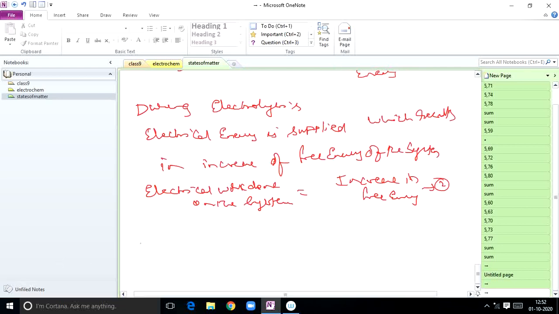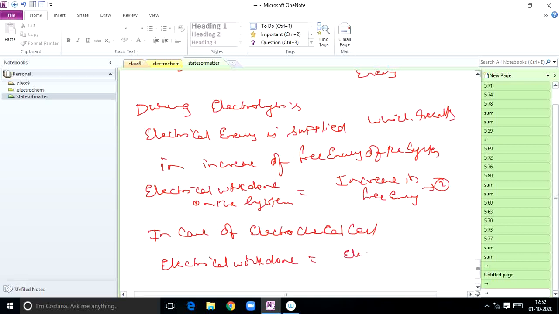Work done by the system and electrical work done on the system. So in case of electrochemical cell, electrical work done is equal to electrical energy produced.